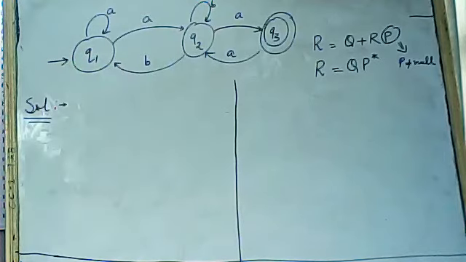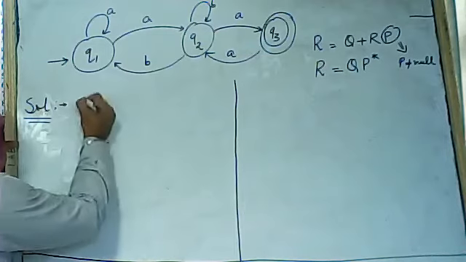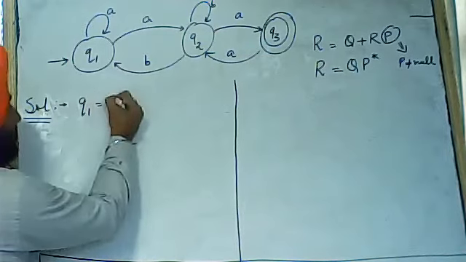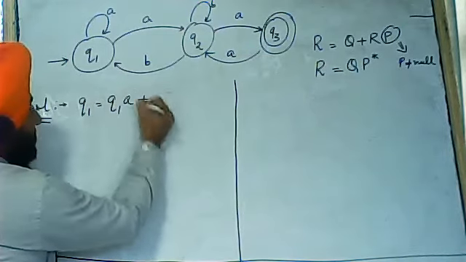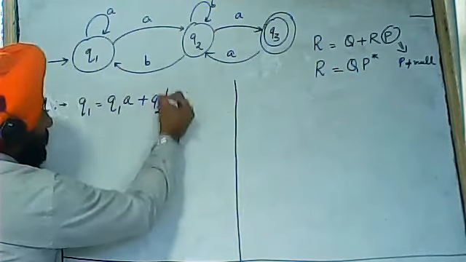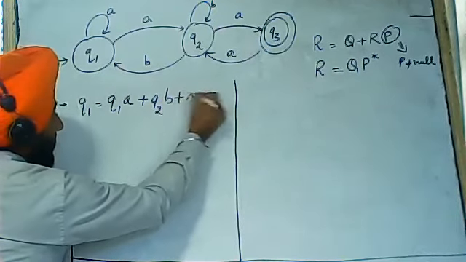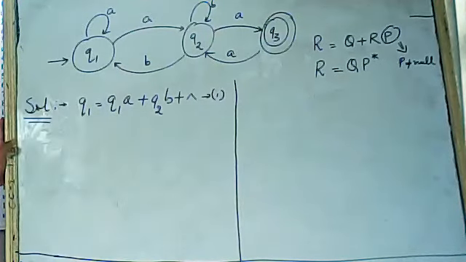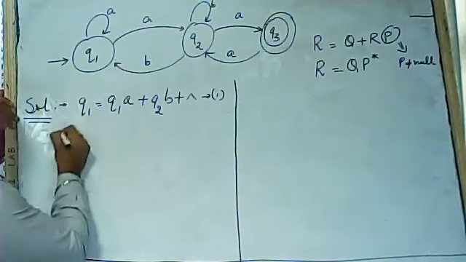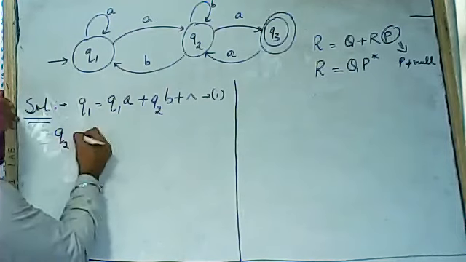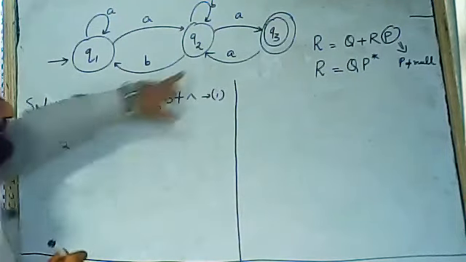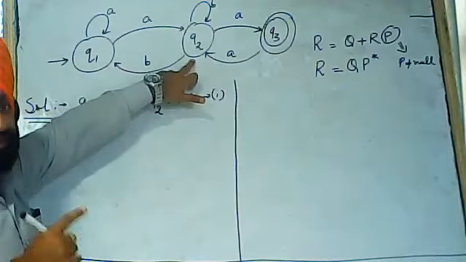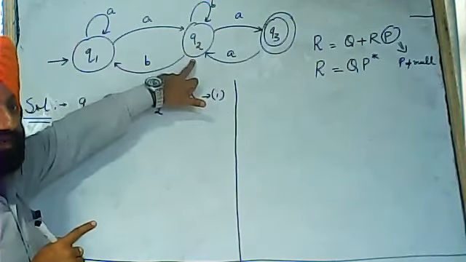So let me write the equation again. Q1 is equals to Q1A plus Q2B plus null, equation number 1. Then the equation for Q2: again you need to check the incoming arrows towards that state.